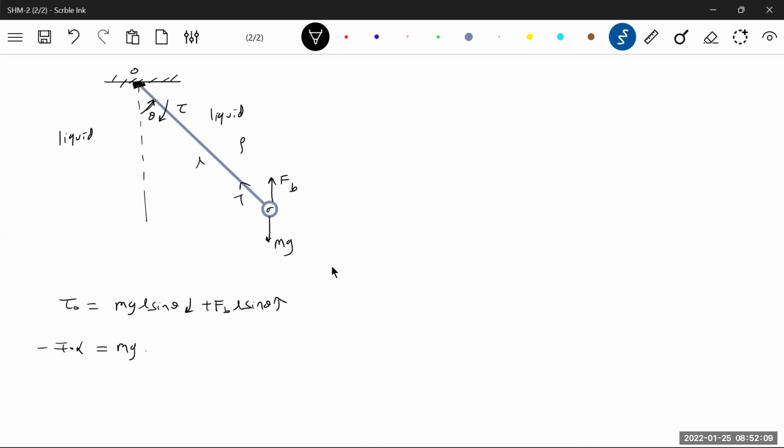The moment of inertia is ml square, that of the bob. Mg will become density of the bob, sigma Vg, times L sin theta. Buoyant force will be rho Vg times L sin theta, with a negative sign.